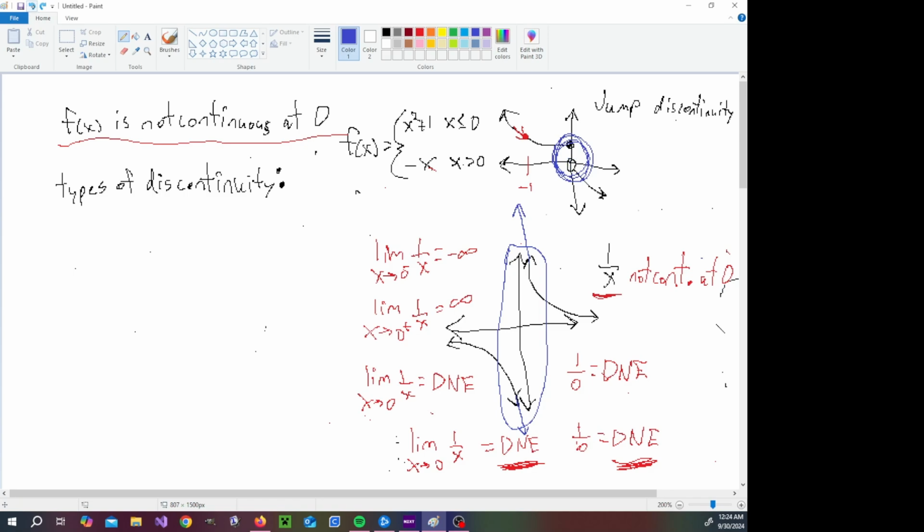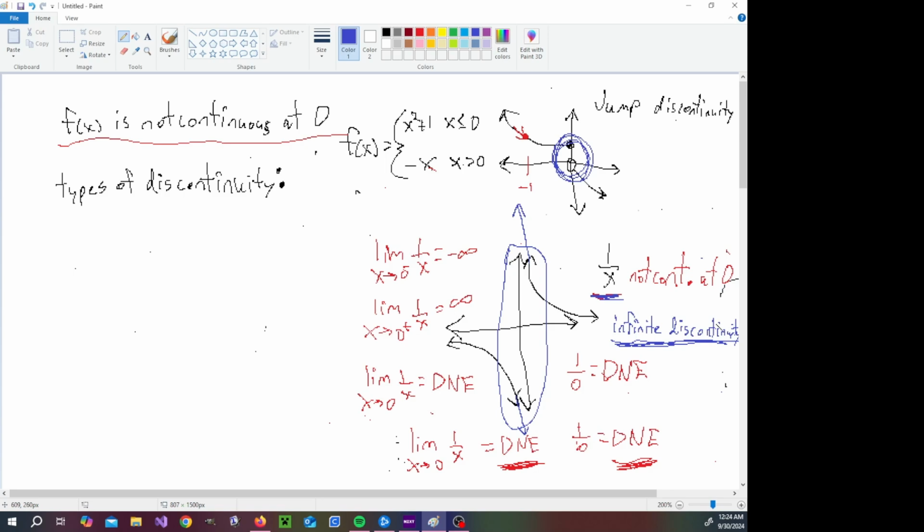However, here with our 1 over x, we call this infinite discontinuity. Because these values are like infinitely apart, right? We're going to infinity on one side.